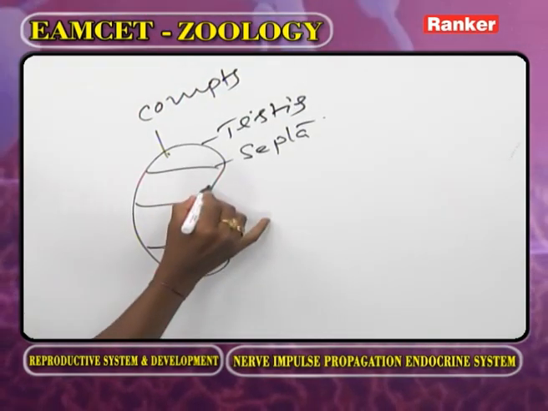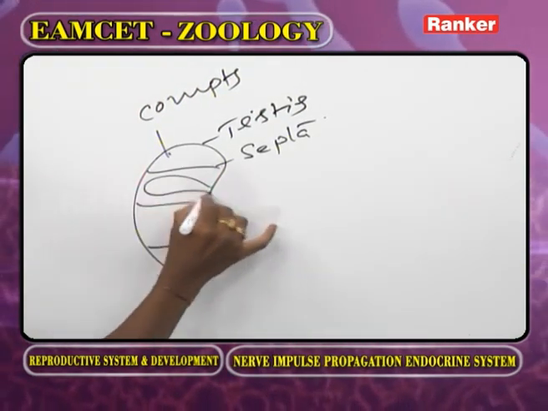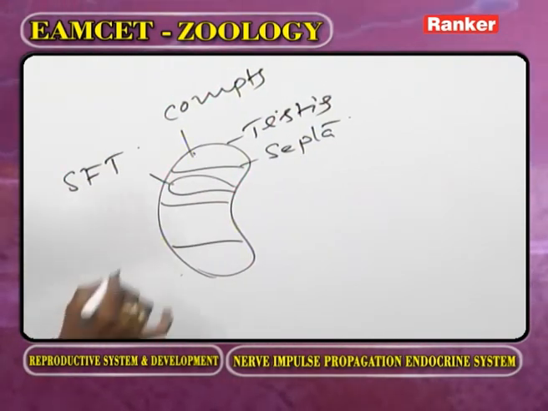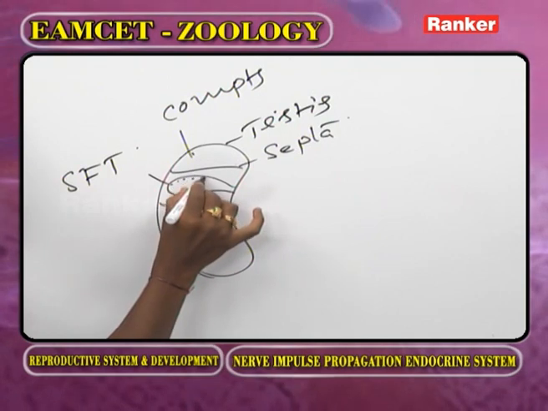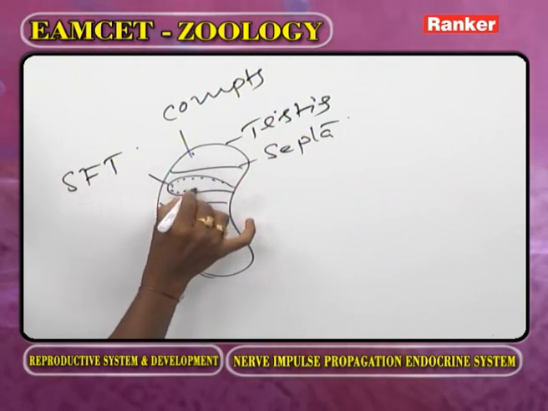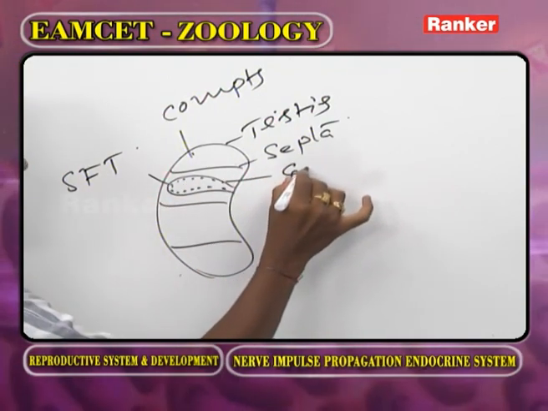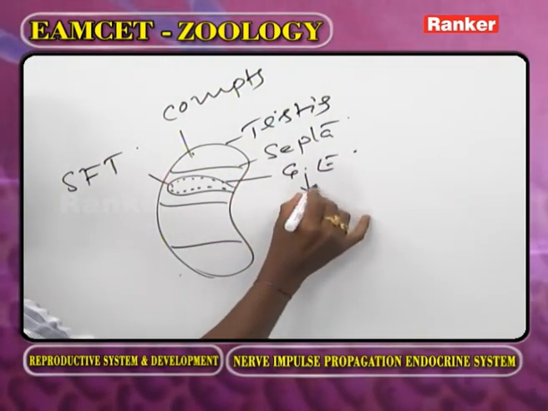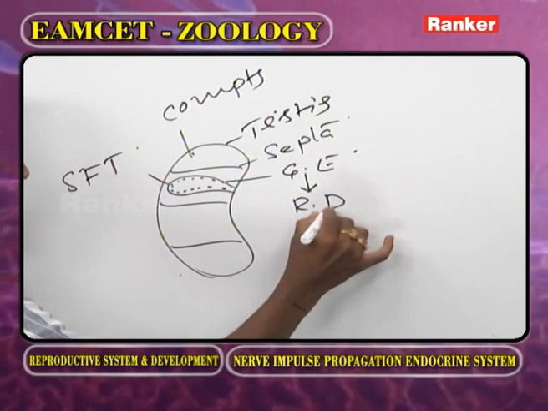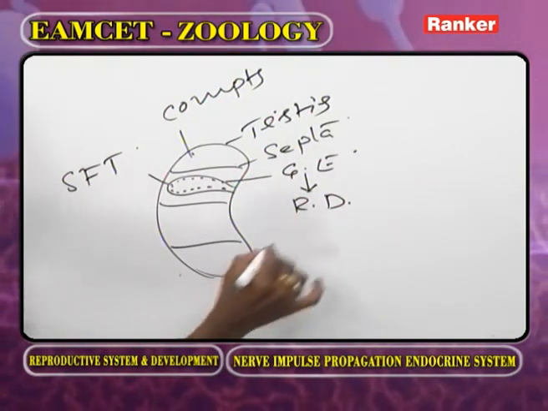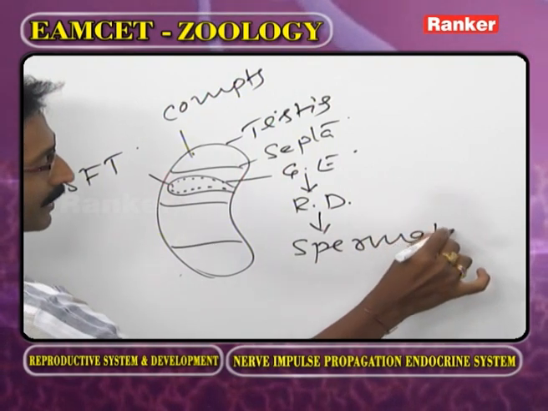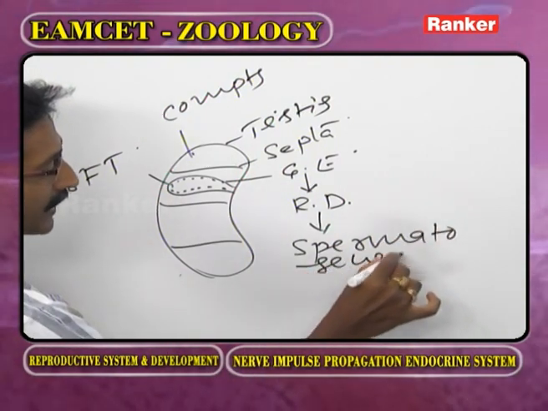Now in each compartment what is present? The seminiferous tubule. The seminiferous tubule is lined inside by germinal epithelium. The cells of the germinal epithelium undergo reduction division, called spermatogenesis.